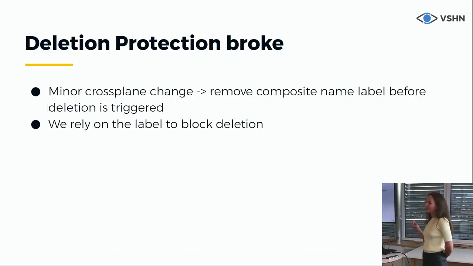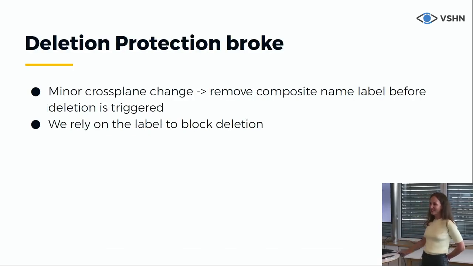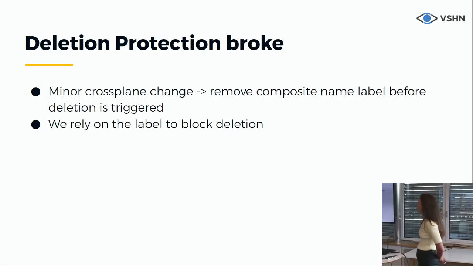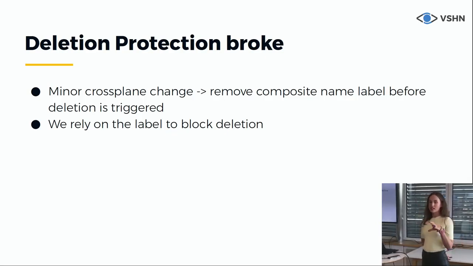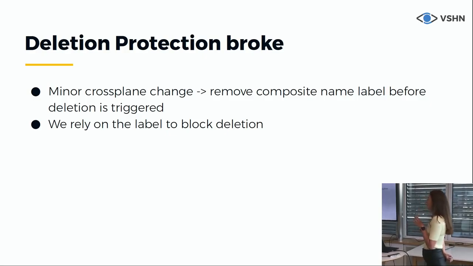But also our deletion protection got wiped out at one point because we relied on a label on the composite name. We relied on the label being there before a deletion is triggered, and Crossplane chose to remove the label before the deletion starts, so our deletion protection just didn't work because everything went through.